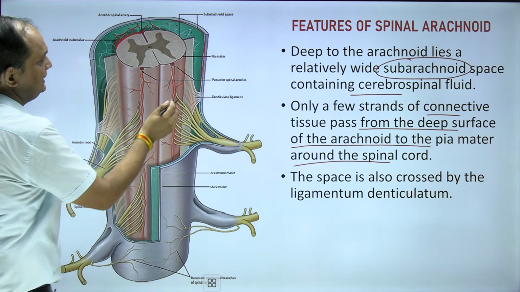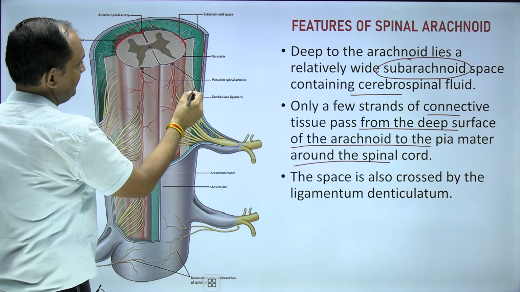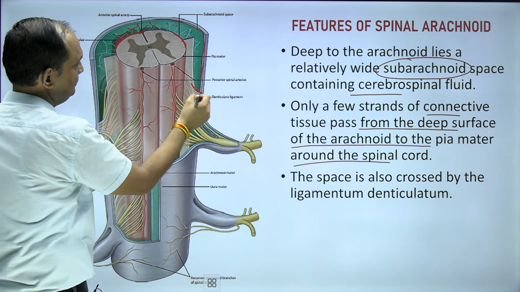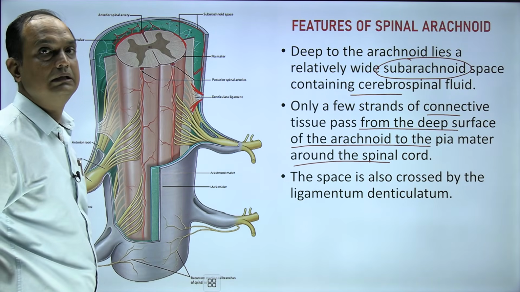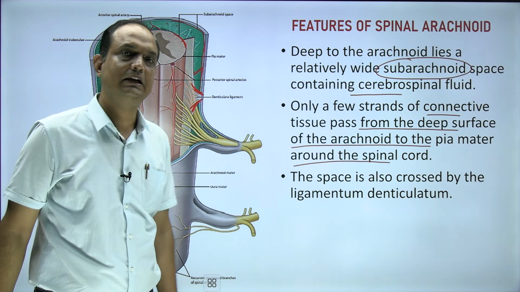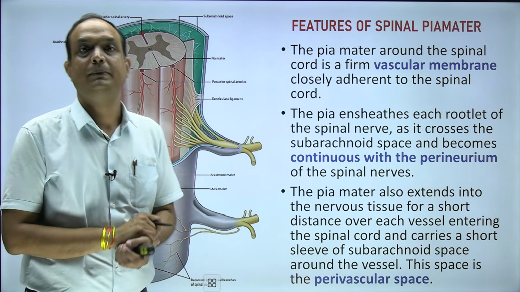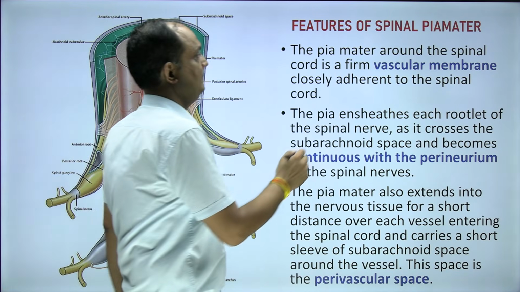So this space is crossed by the ligamentum denticulatum. Now here you can see that this is the pia mater, and this pia mater is giving an extension, and this extension is a teeth-like process, the ligamentum denticulatum, and it is crossing the CSF area, that is the subarachnoid space. Now what are the features of the pia mater? The pia mater is a vascular membrane.